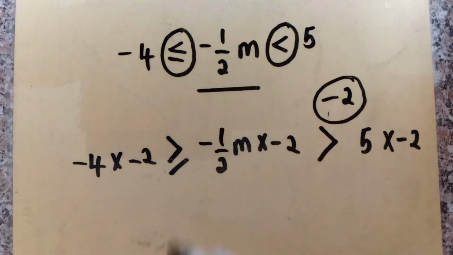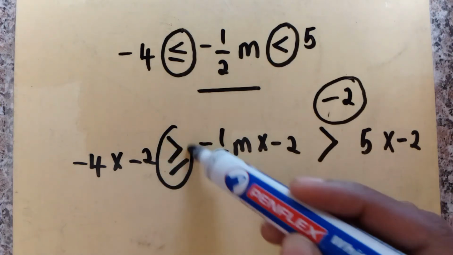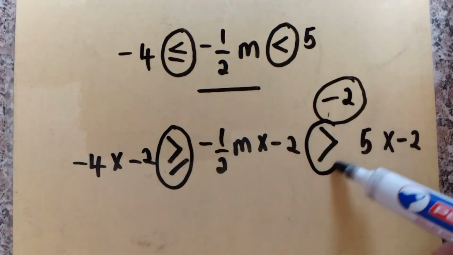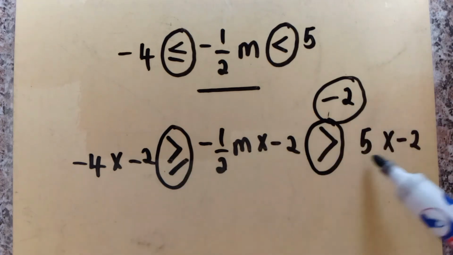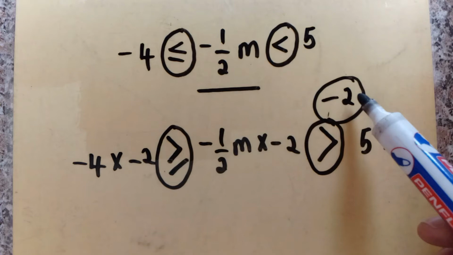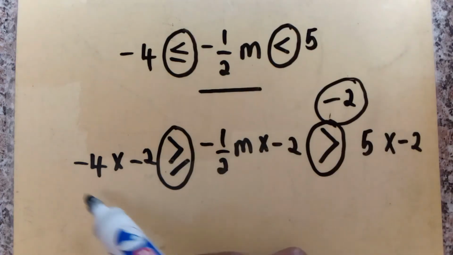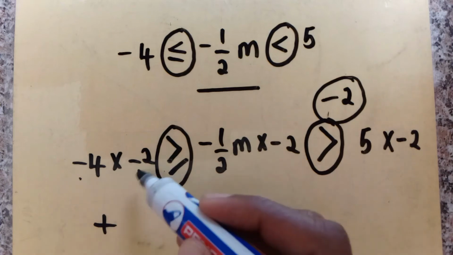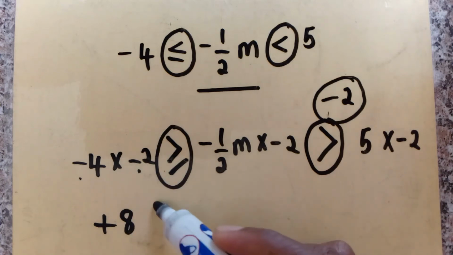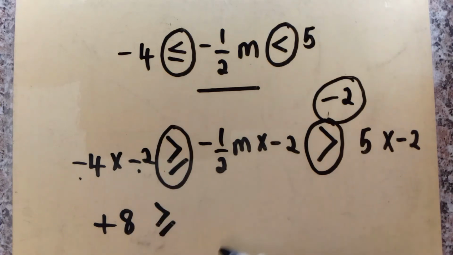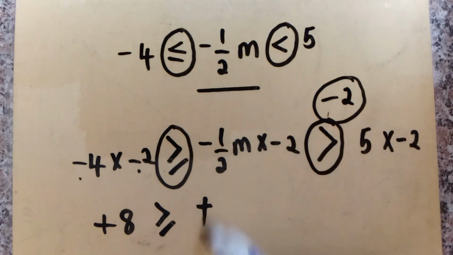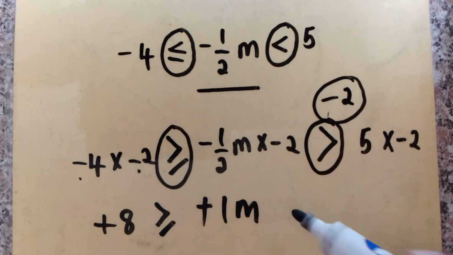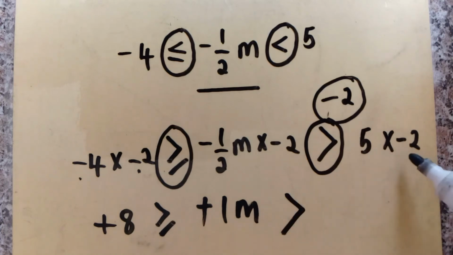Okay, so now that we have changed the inequality signs because we have multiplied throughout by negative 2, let us work it out. A negative multiplied by a negative is going to give us a positive. 4 multiplied by 2 is 8, which is greater than or equal to negative half m multiplied by a negative, which is also, remember, a positive 1m, greater than 5 multiplied by negative 2.